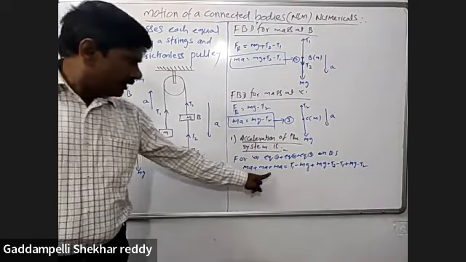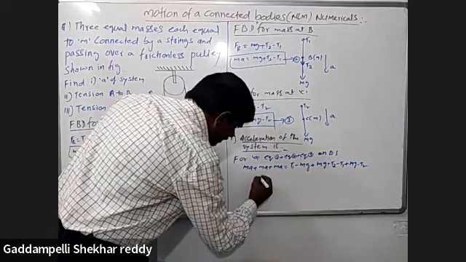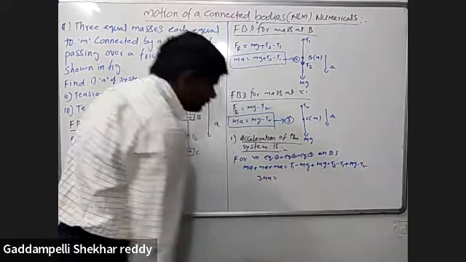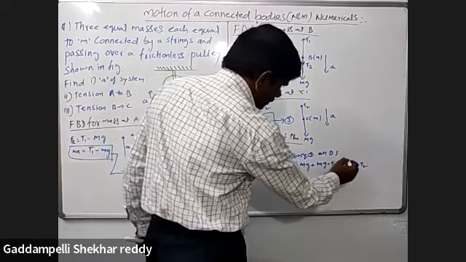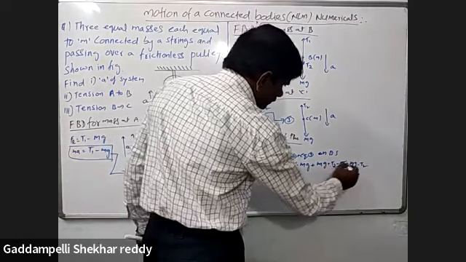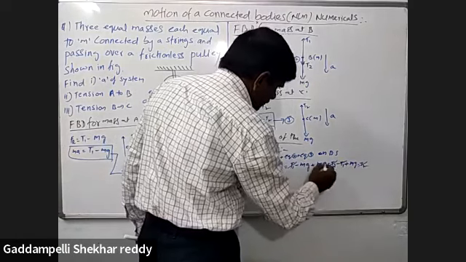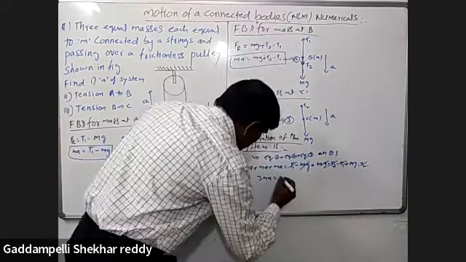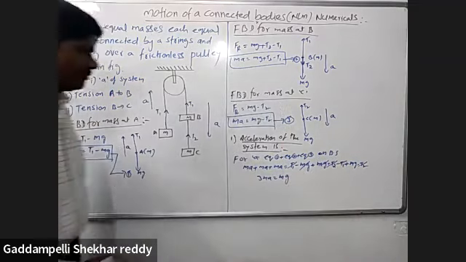So your left side: MA plus MA plus MA. That means you have to write 3MA. Right side: plus T1 minus T1 get cancelled, plus T2 minus T2 get cancelled, minus mg plus mg get cancelled. So only mg remaining.